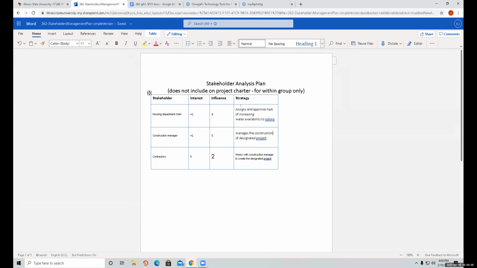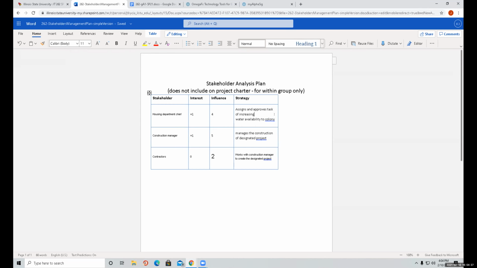Okay. So would it be like assigns task to construction manager or that? See, they're making decisions and they have an influence on your project's success or failure. Okay. So those decisions about water availability is not related to your project, but how can you manage them to make sure they're happy with your project? Because you're creating a system that would help them do their work, yes, or make their work easier.